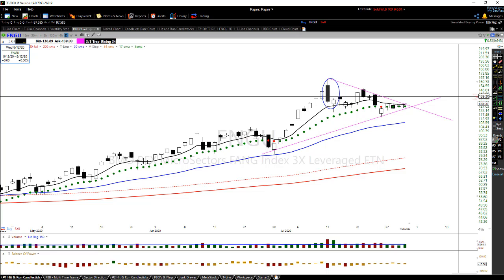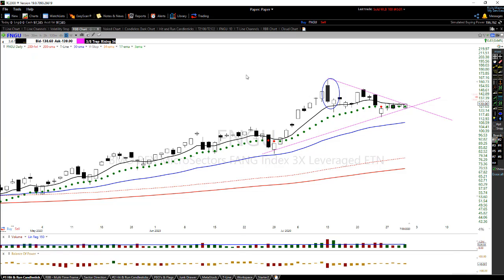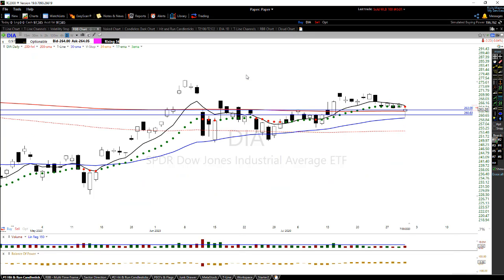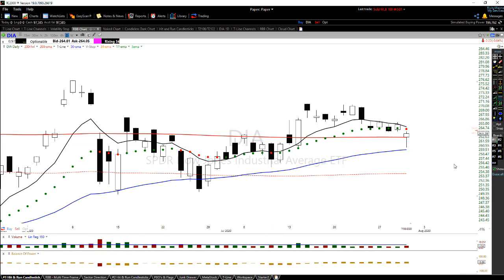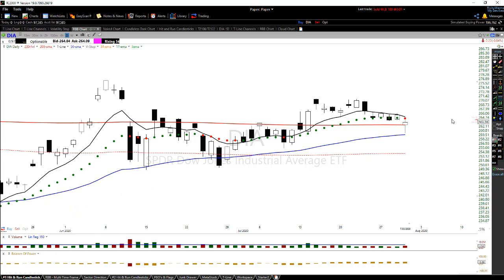I see it's gapping up, so it's putting the bulls in great shape now, excellent shape, despite the Diamonds being down yesterday, not really showing anything great, and even they're still opening up below the trend indicator and below the T-line. So the Diamonds, the Dow, is a big drag now. Big tech, NASDAQ, Qs, rocking and rolling.